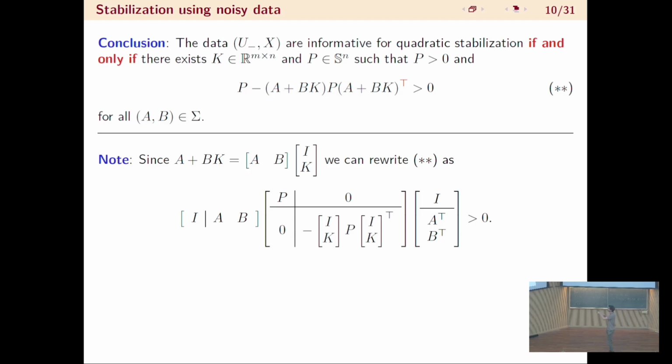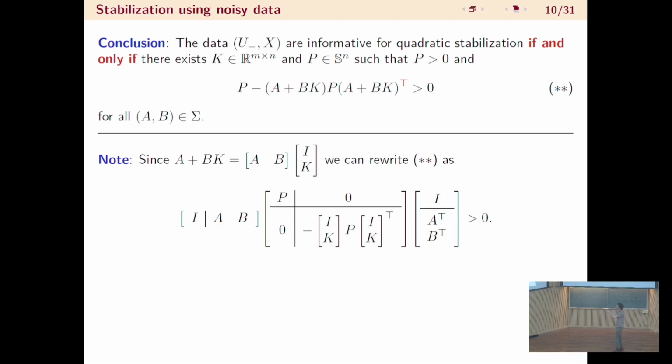Because of the zeros that you have over here, the products of these matrices are just identity times P times identity, which is the P matrix over here, minus AB times I over K, which is A plus BK, times P, which you see over here, times identity over K transpose times A transpose B transpose, which is simply A plus BK transpose.